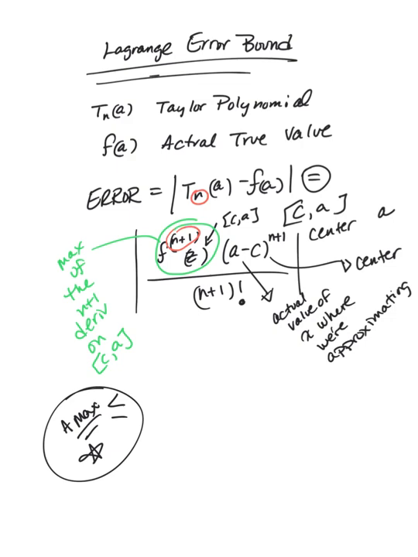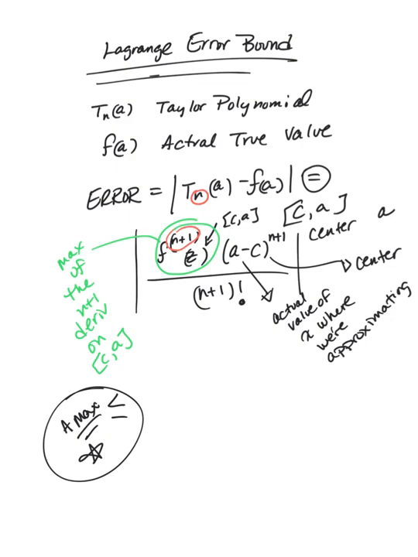It can be convenient; we call it a safe upper bound. So you take the maximum value of the next derivative, which would be the fourth derivative in this case. The maximum value has to be on your interval from the center to where you're approximating, or vice versa.